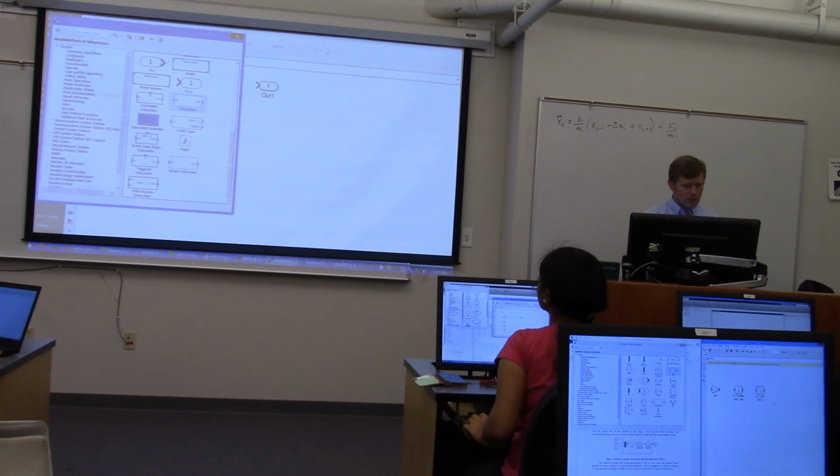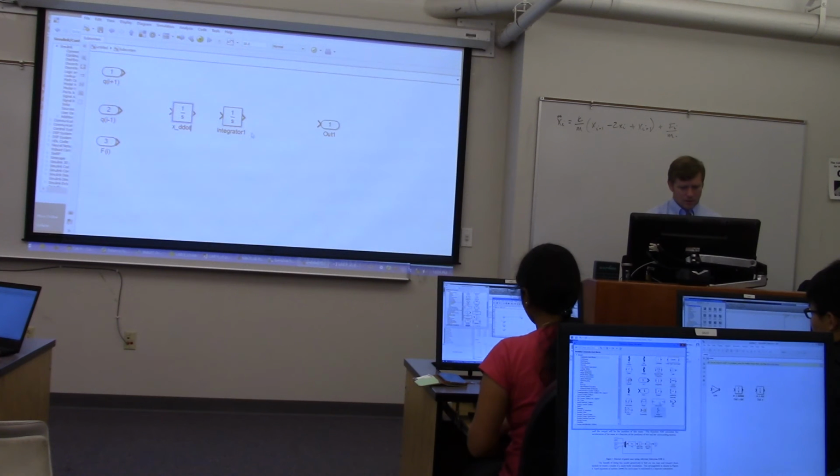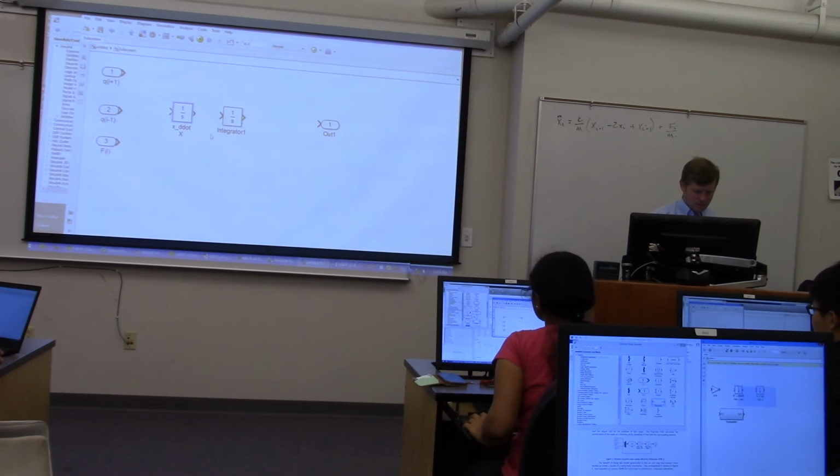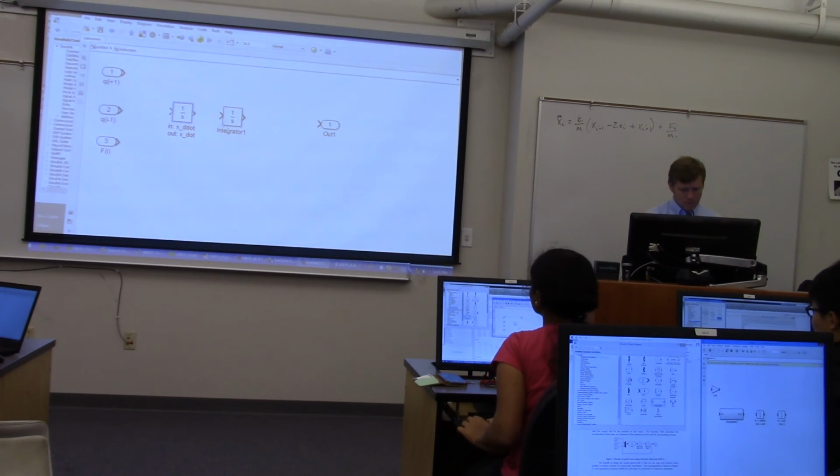Right, so what's our strategy here? Same as always, this is a second order system. So I'm going to try to have an input here of x double dot, then x dot, and over here will be x.